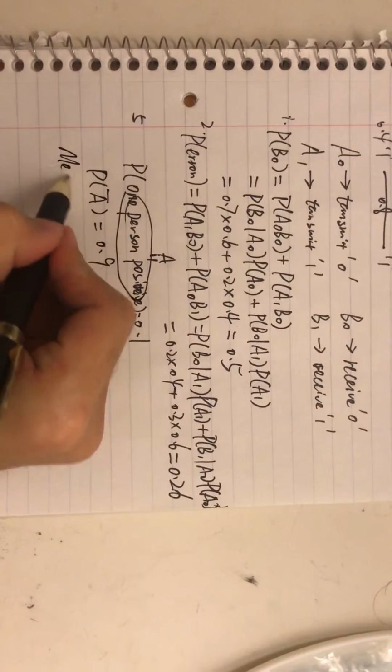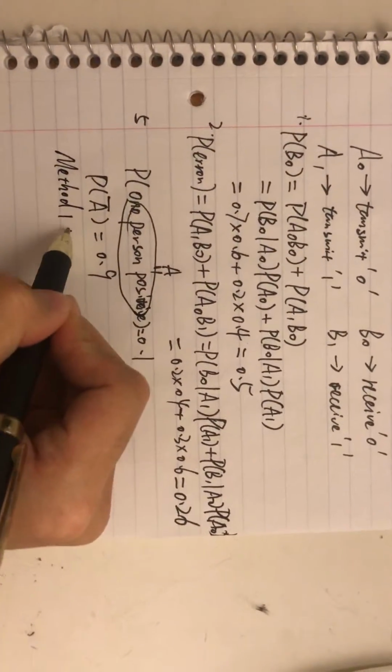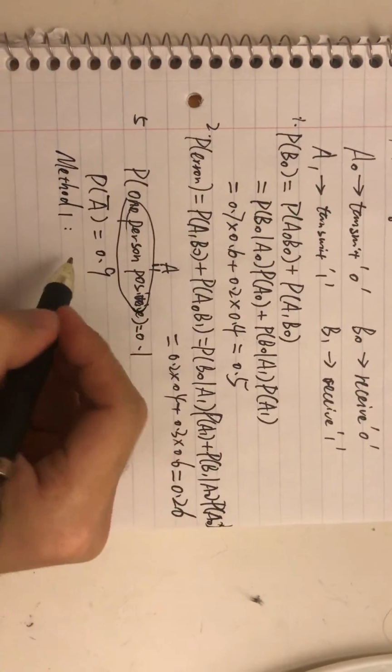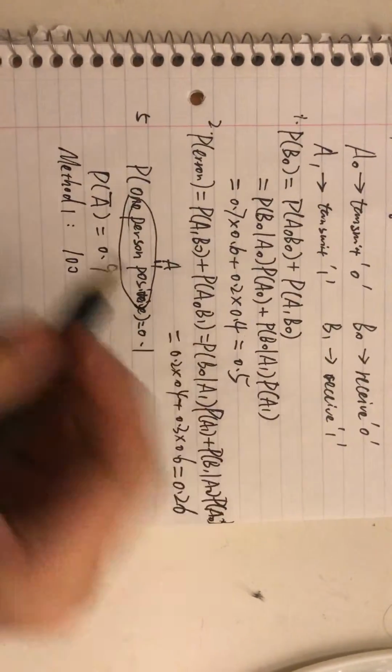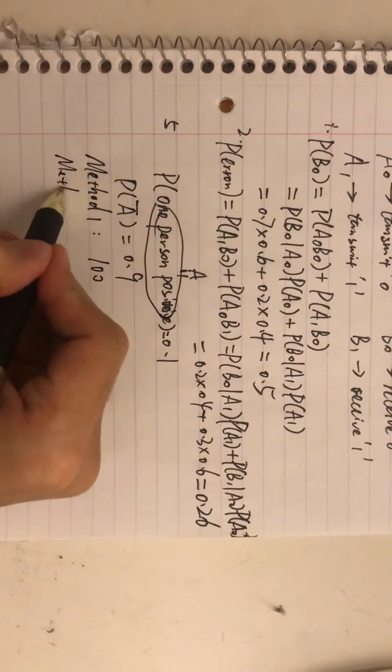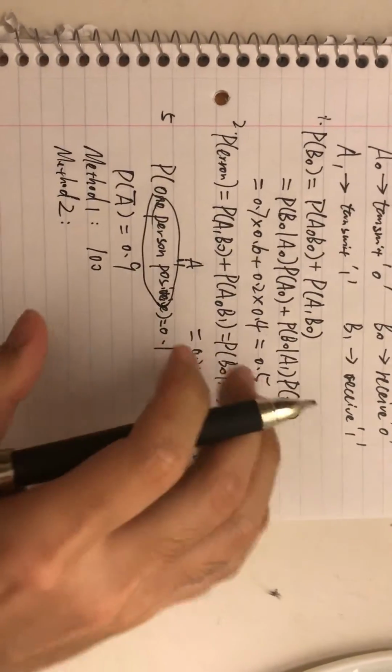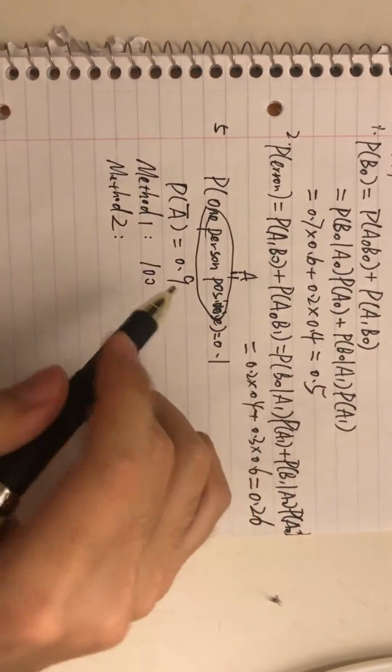In method 1, the number of tests is fixed. We already know that it is 100.